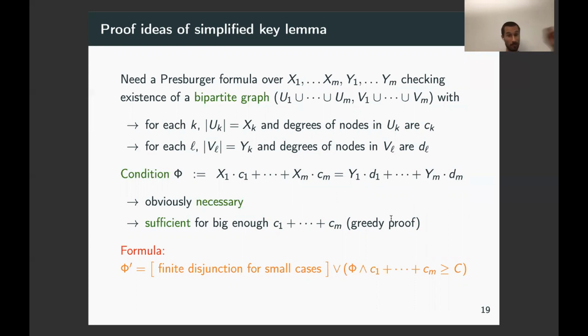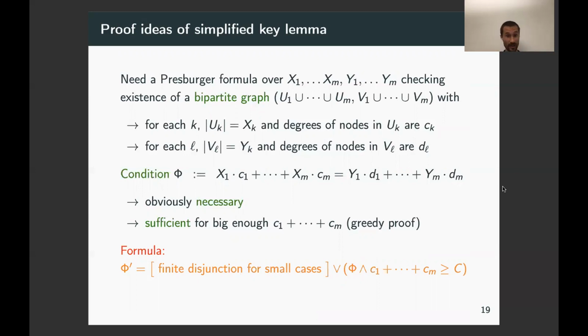It is the total number of outgoing edges from the U side, and on the other side, Y·D is the total number of edges from the other side. It's obviously necessary. We must have the same number of edges from both sides. It is a bipartite graph.